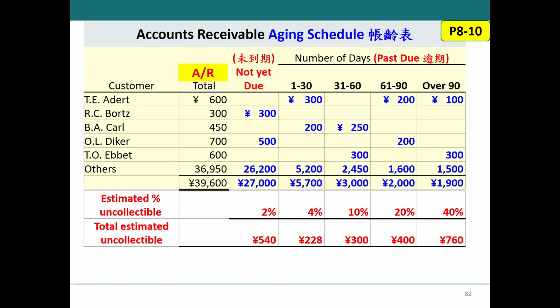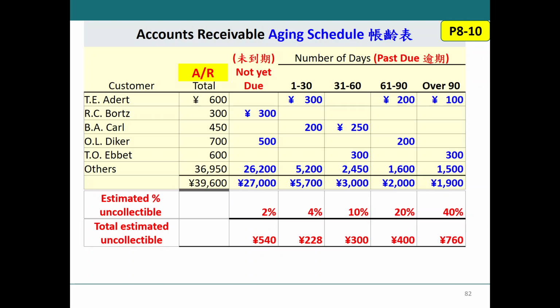For the first group, accounts receivable times the percentage gives the amount. So $540, what does it mean? We think maybe $540 cannot be collected in the future. And the second group is the same, 228. For our second group, we think maybe $228 cannot be collected.